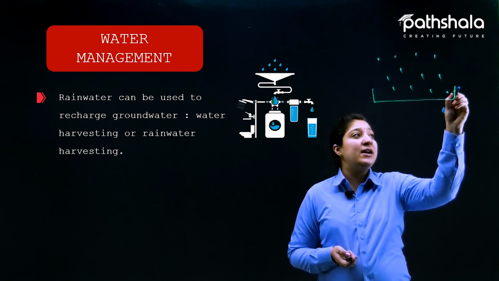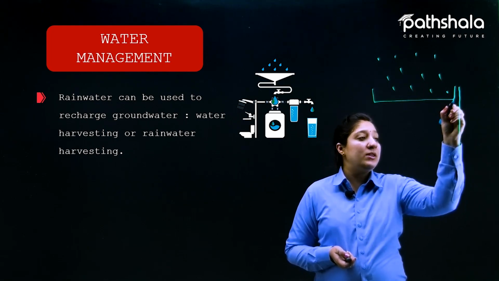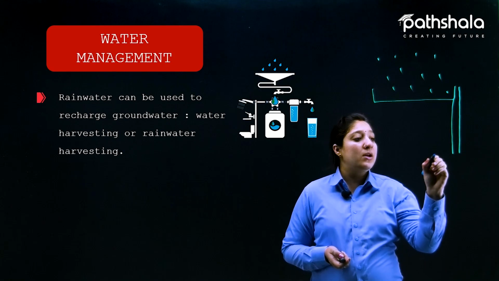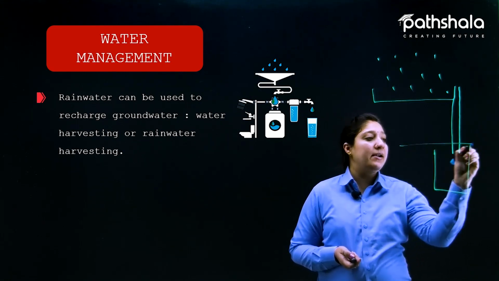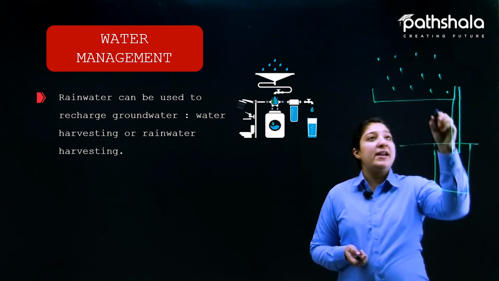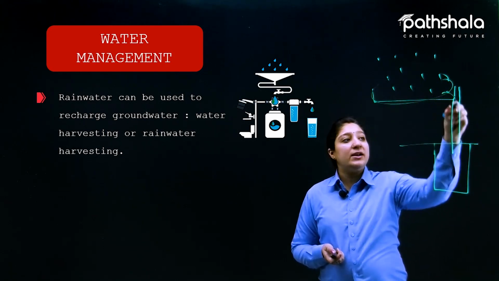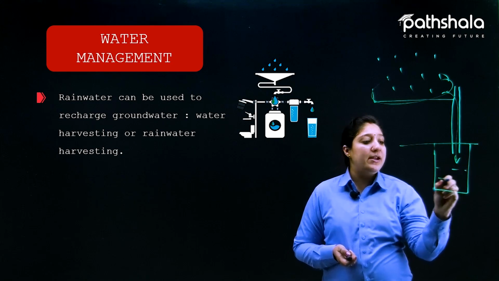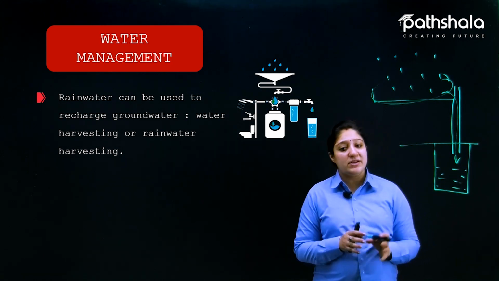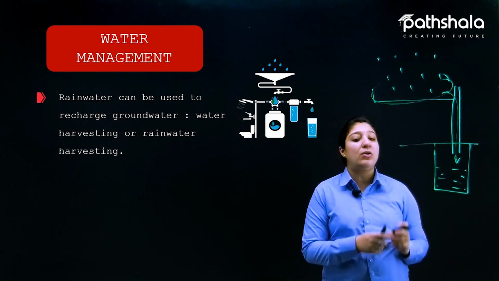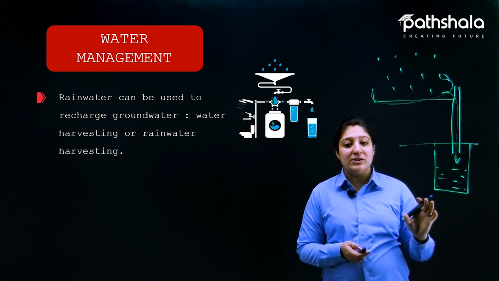Now these roofs are connected with pipes to a well-like structure which is dug inside the land. Whatever rainwater is collected on the roofs goes down and is stored here for further use. That is how the rainwater is harvested, or we can say stored or conserved, by this process.